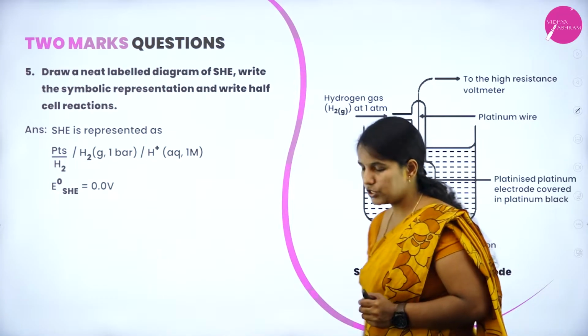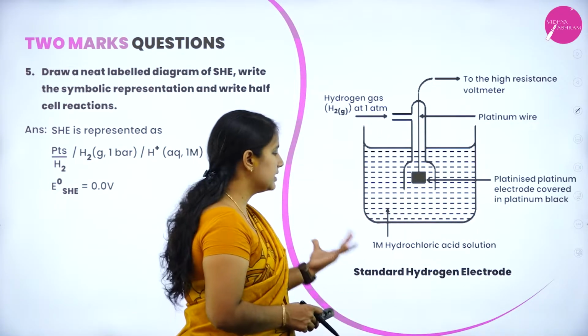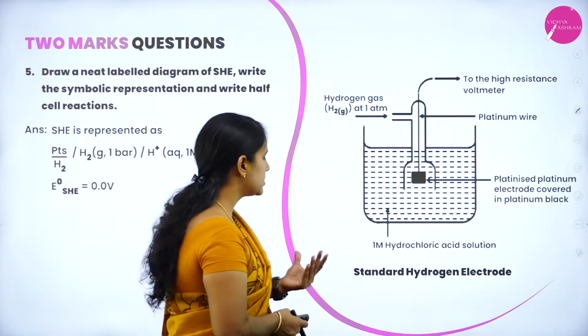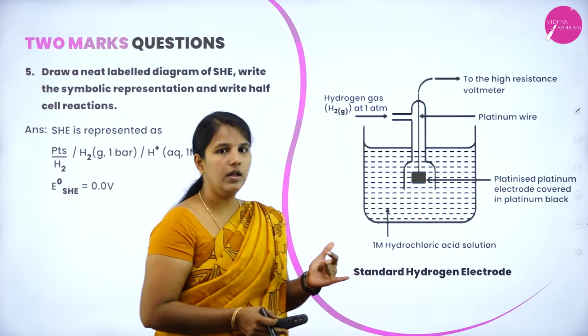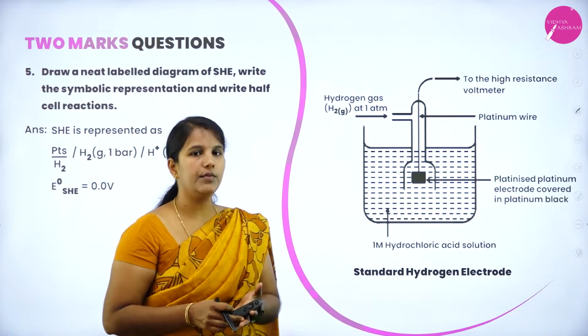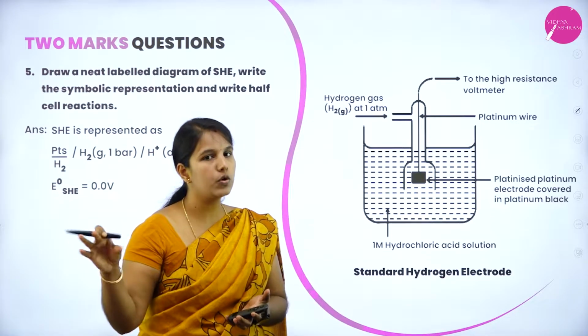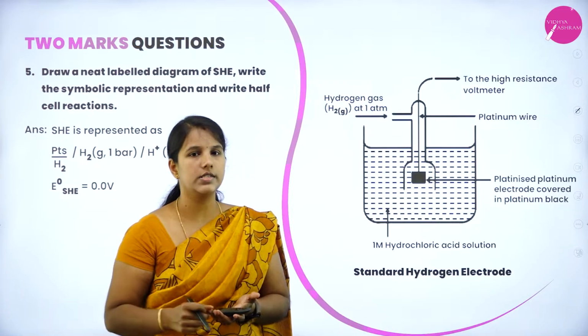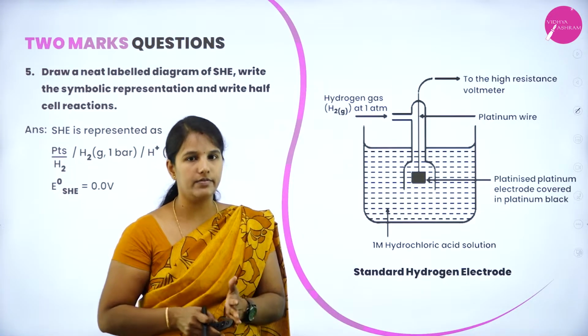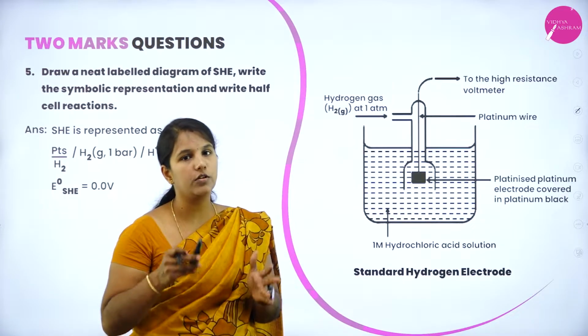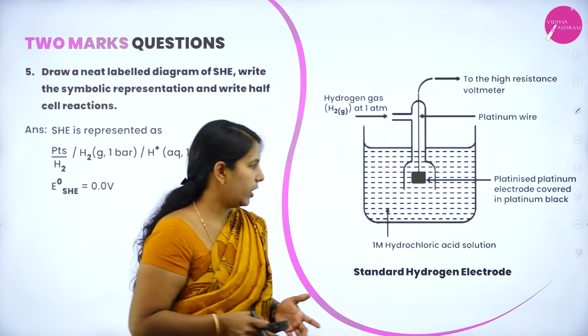This is the construction of SHE, that is the standard hydrogen electrode. Remember, this is a cell that we construct to measure the electrode potential of an unknown cell. To measure that, we take SHE as a standard one, whose electrode potential will always be 0.